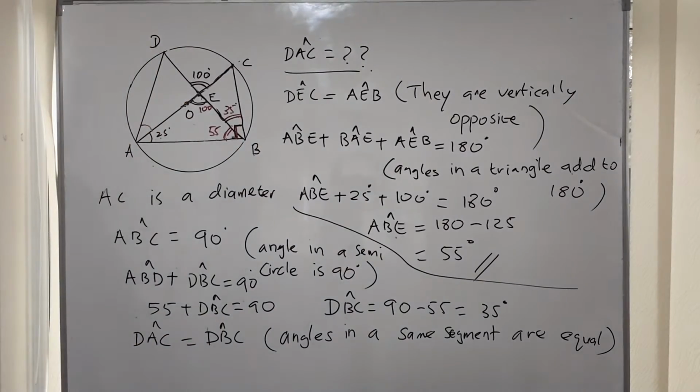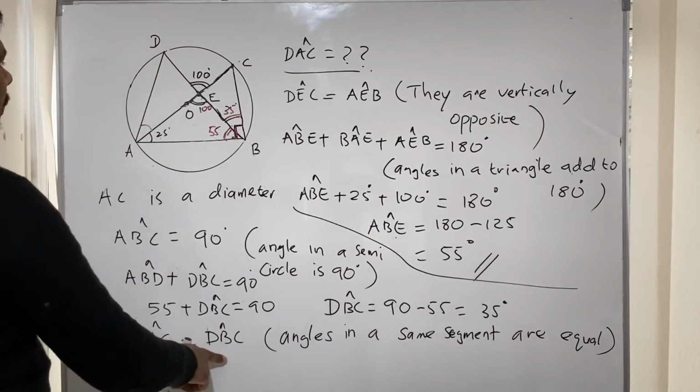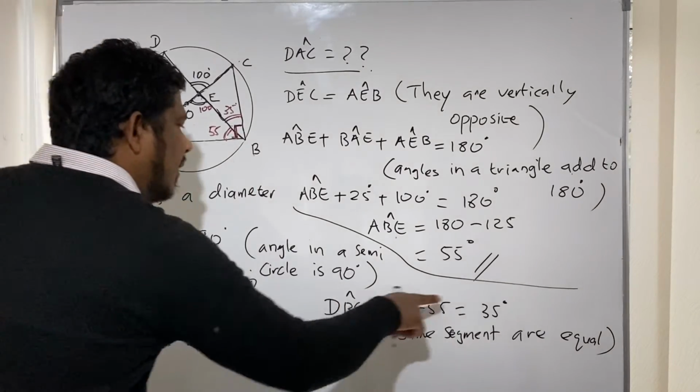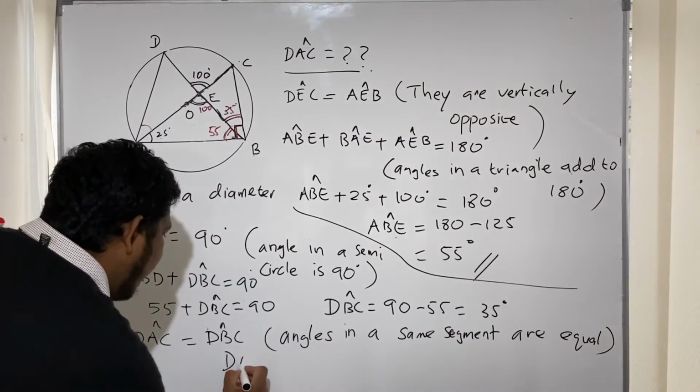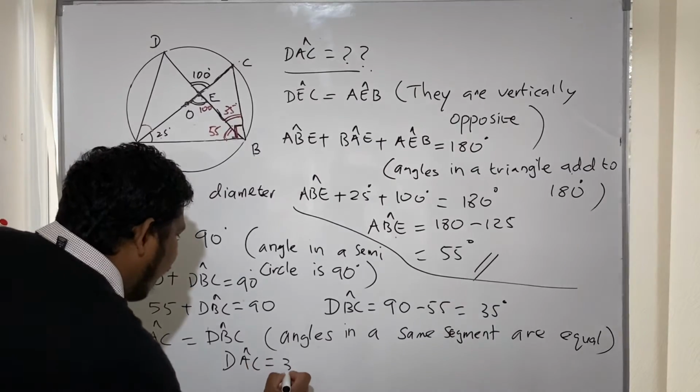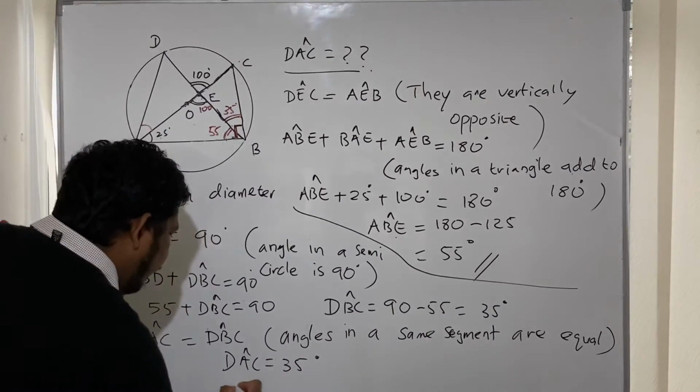So therefore, DAC is equal to DBC, and we found DBC is 35, so angle DAC is 35. The answer.